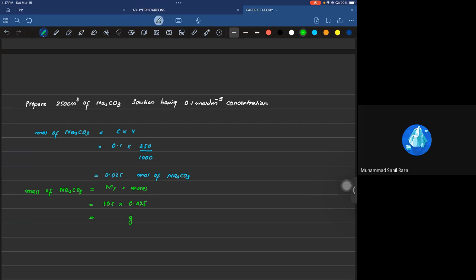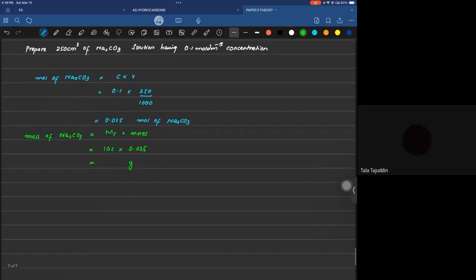What's the answer? 2.65 grams. So what you are supposed to do, just go to the weighing balance where you have the stock of sodium carbonate solid.